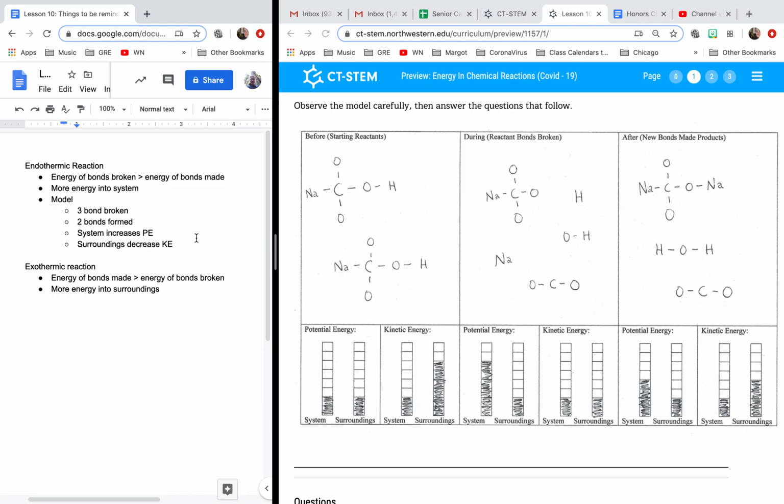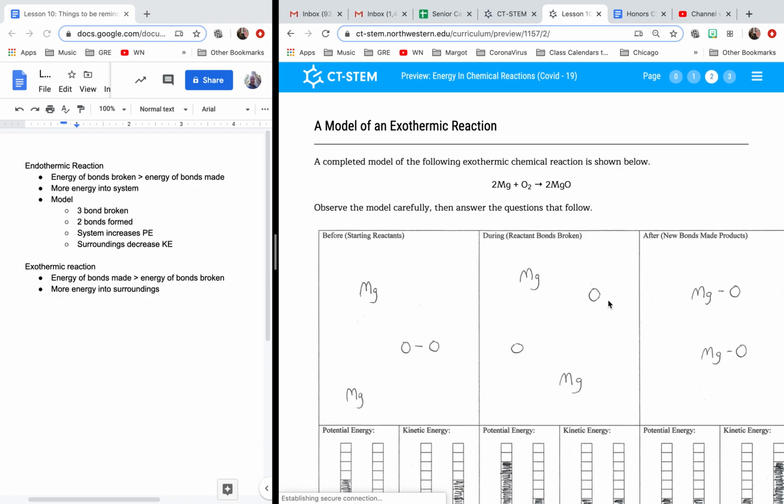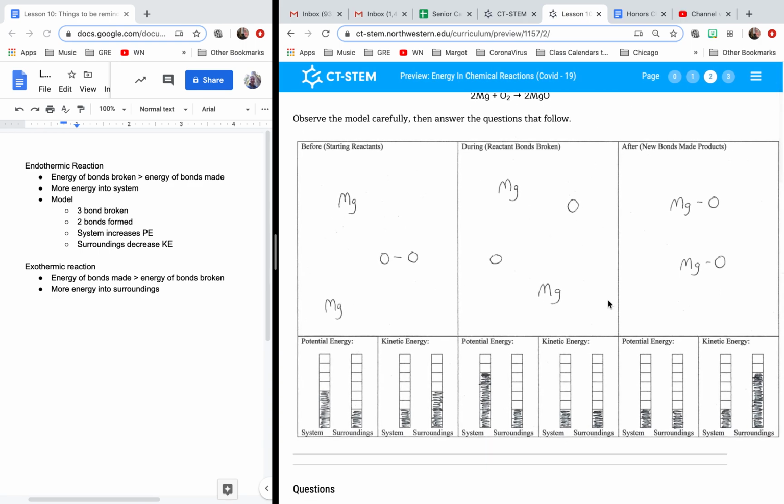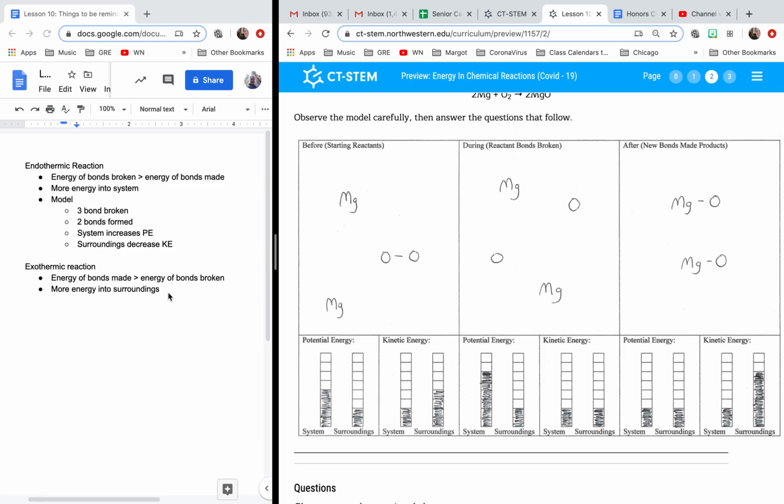This all follows these two concepts: I have more bonds broken than made, and I have my surroundings decreasing in energy and my system increasing in energy.